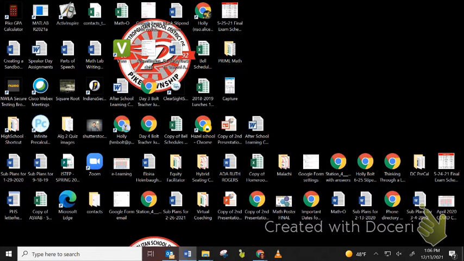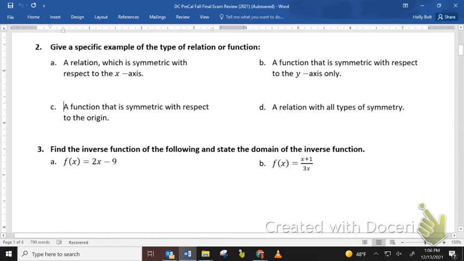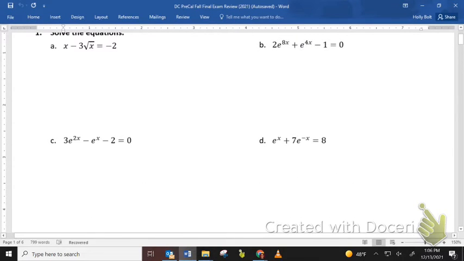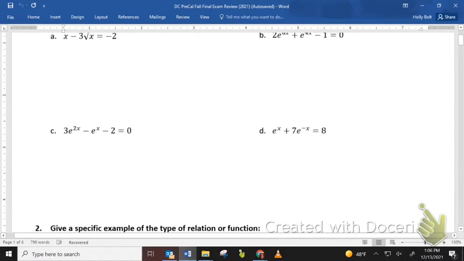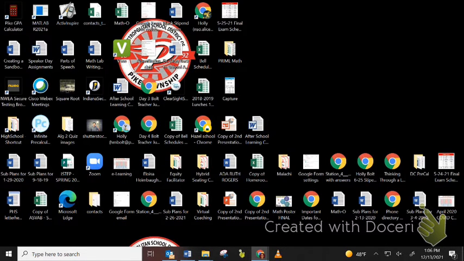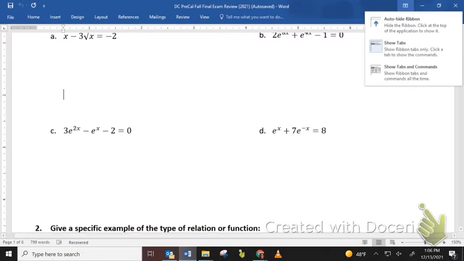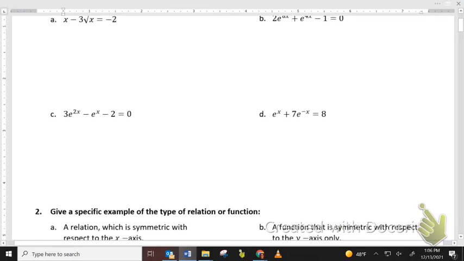There it is. Okay. There we are. So we'll start with 1b and then we'll do number 2. Let's see if I can fit all of it up on the screen at once. Nope, but I tried.